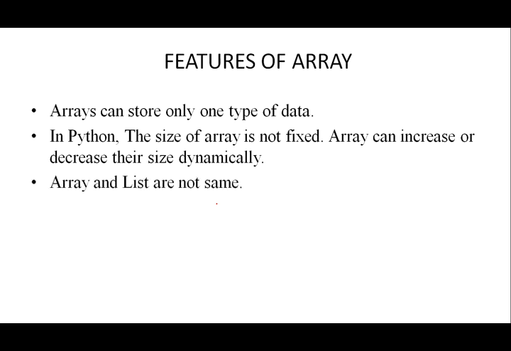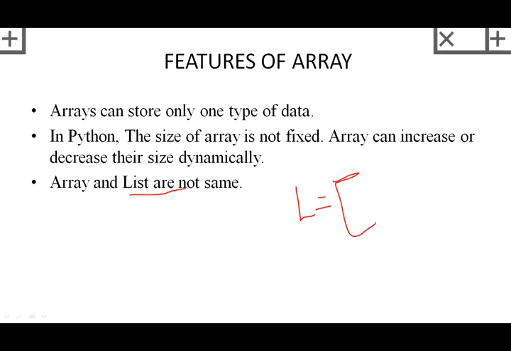Array and list are not the same. As I have mentioned earlier, in list you must have seen, we were writing L is equal to, in the bracket, apple. You must have remembered this, apple, and again 1 comma 2.5.